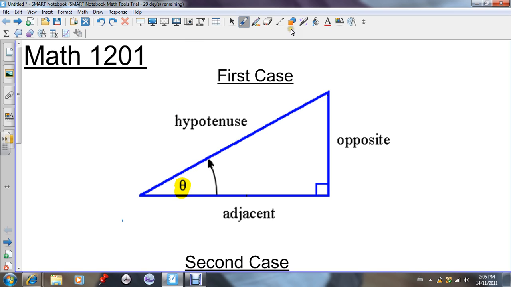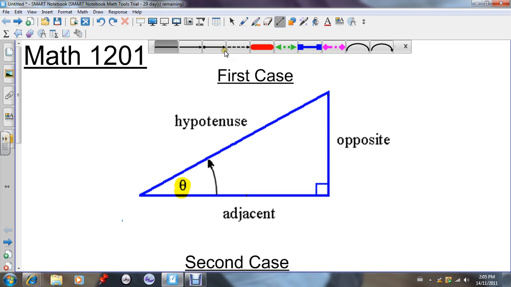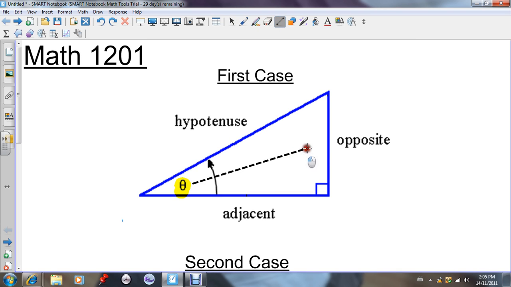The side straight across from the angle, let's use a pretty dotted line, is always called the opposite side. Very good. The side straight across from the right angle is known as the hypotenuse.